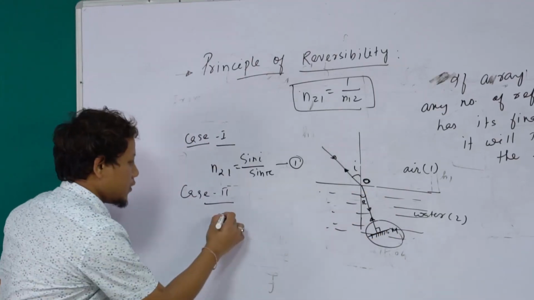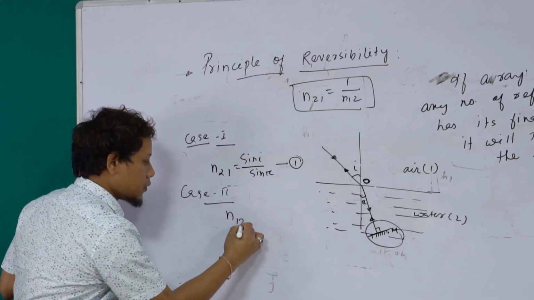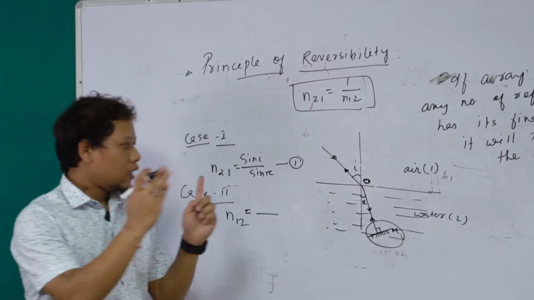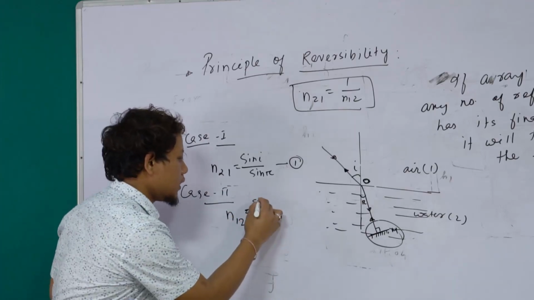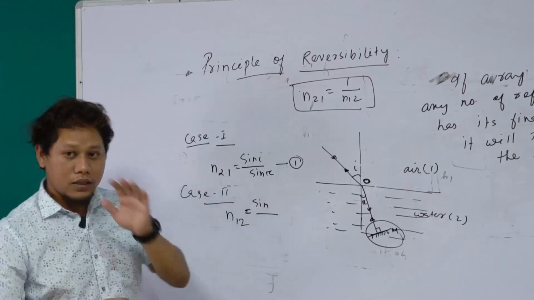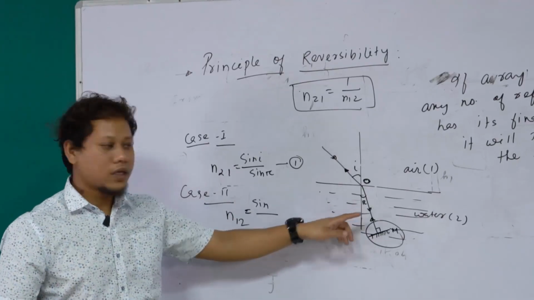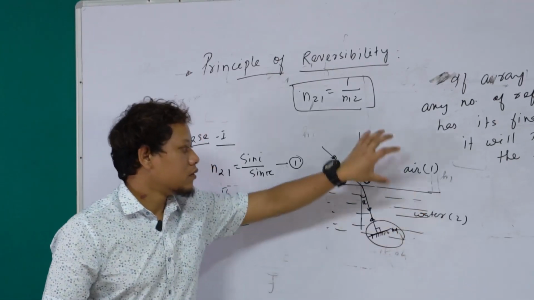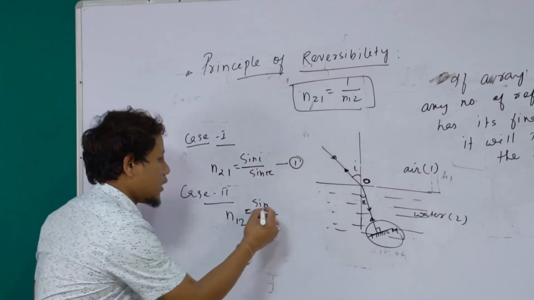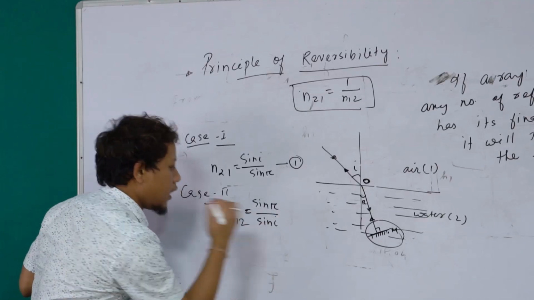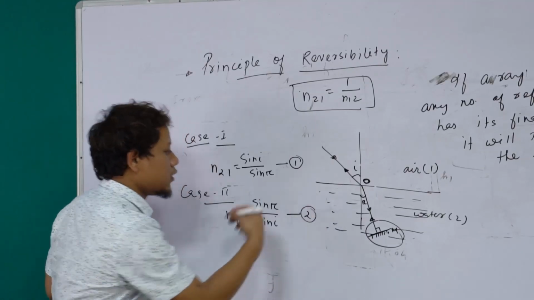Okay. Now, according to Snell's law, sine of angle of incidence, right? But in the second case, what is the angle of incidence? This is R, because the ray of light is traveling from this medium to that medium. So here the angle of incidence is R. And what is the angle of refraction? This is I. Okay, so sin R by sin I equals N12. This is equation number 2.